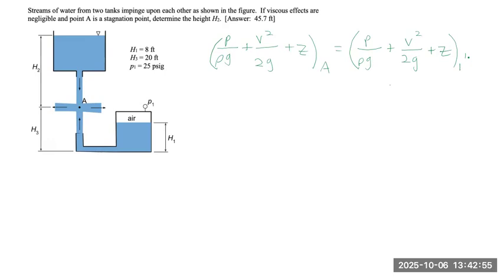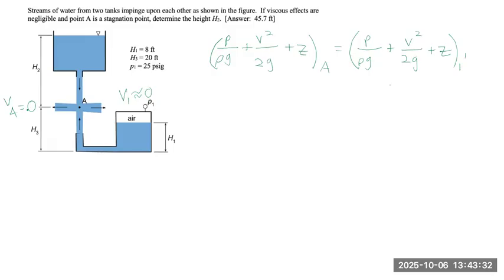So P1 is given as 25 psi G, and we want to find PA. V1 is about 0. So V1 is the velocity at the air water interface, and basically the velocity there is around 0. And VA, the velocity at A, is also 0 because it's a stagnation point.